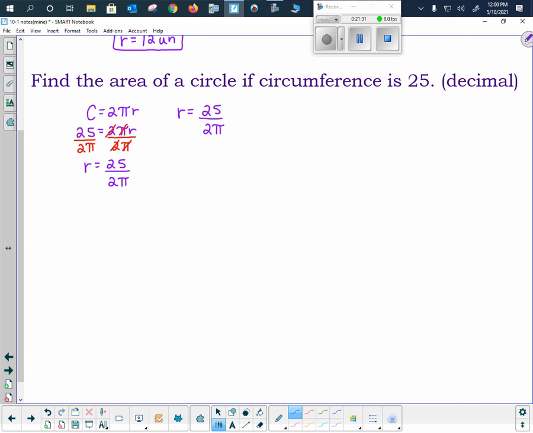You really should be doing 25 divided by, in parentheses, 2 pi. So this is like your keystrokes or your calculator notation. I'm just writing that here so that you guys can practice it.